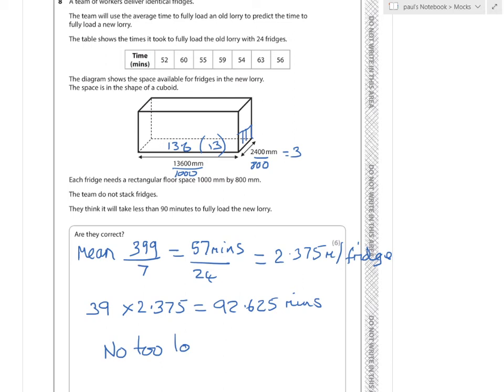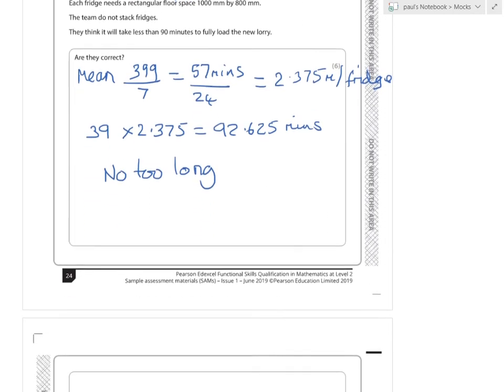Let's have a look what they got. 92.65. Yeah, no, it's too long, so that's all right. I'm okay with that answer. Let's just double check so I don't have to do this all over again.